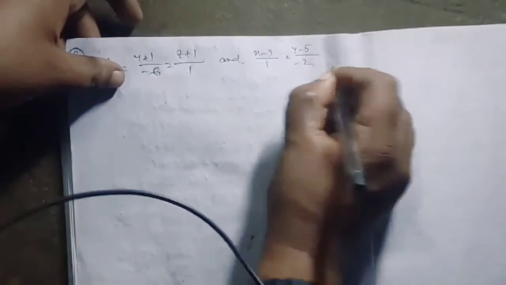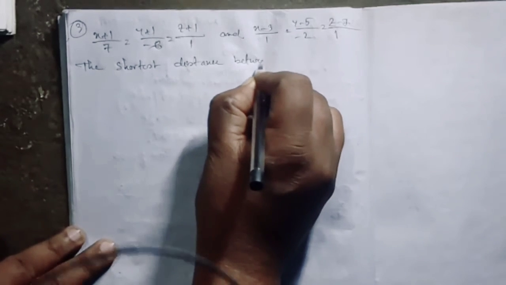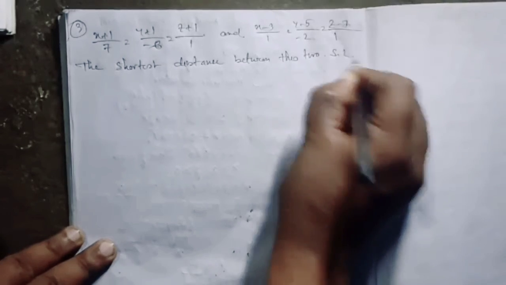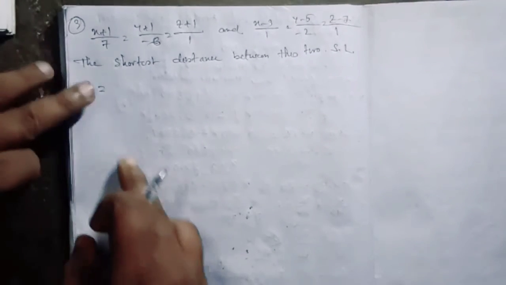Shortest distance: (x plus 1)/7 equals (y plus 1)/(minus 6) equals (z plus 1)/1, and (x minus 3)/1 equals (y minus 5)/(minus 2) equals (z minus 7)/1. So for the shortest distance between these two straight lines, first we have to find D.